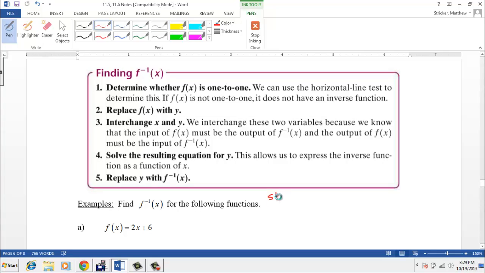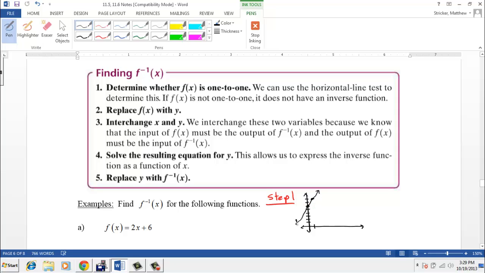Step 1 is to determine whether the function is 1-to-1, and probably the easiest way to do that is just look at a graph. We know that it has a y-intercept of 6, and the slope is 2 over 1, so we go up 2 over 1.